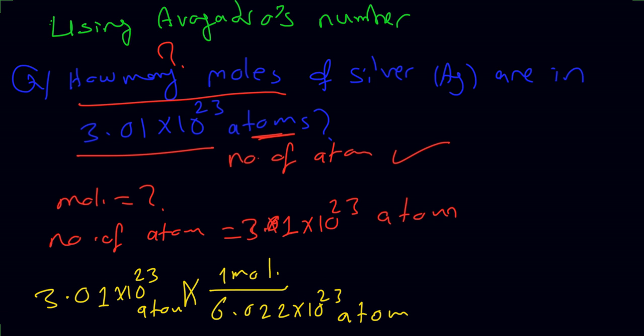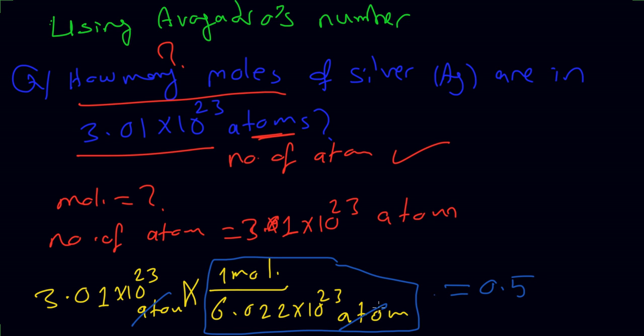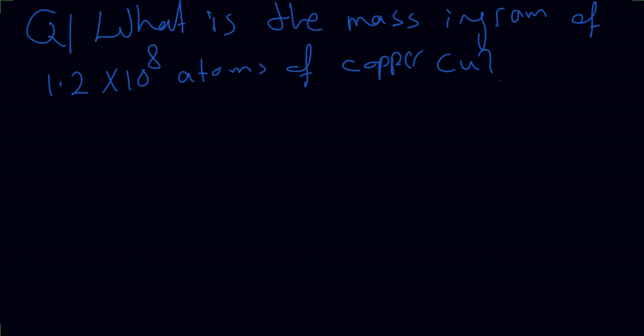You have to know this, and you will use it here. Why? Because number of atom is given, number of atom and number of atom are gone. So 3.01 divided by this number is equal to 0.5. 23 and 23 cancelled out, to 0.5 mole of Ag.